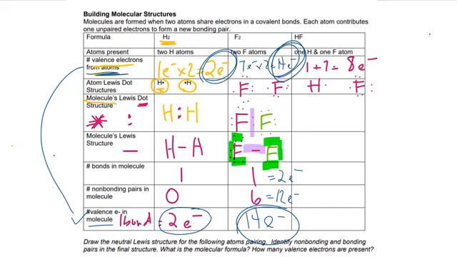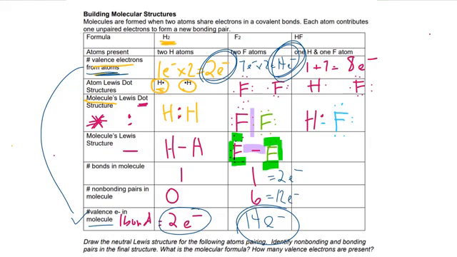All right, let's look at H and F. We just showed our H from up above has 1 electron, and we'll use F. We just said from up above it has 1, 2, 3, 4, 5, 6, 7.